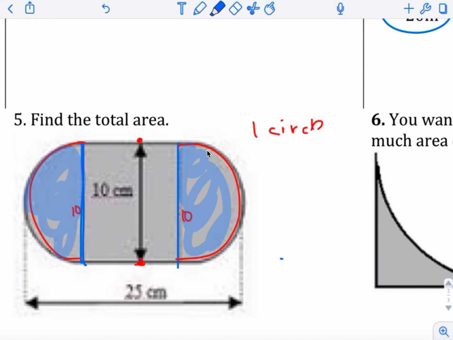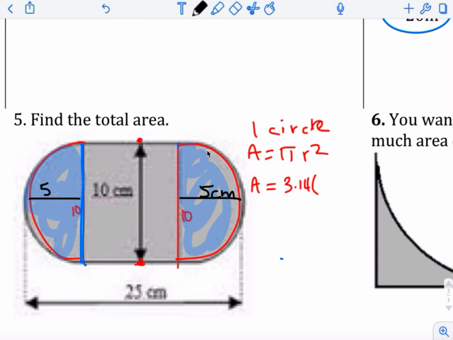So area equals pi times radius squared. If the half circle's length is 10, this is very important: this piece is 5 centimeters, and this piece is 5 centimeters. Put together to one circle, they make 10.